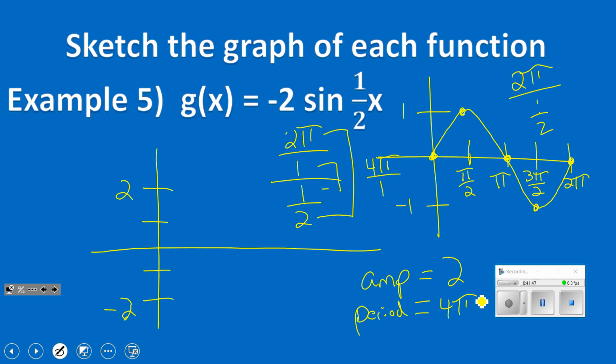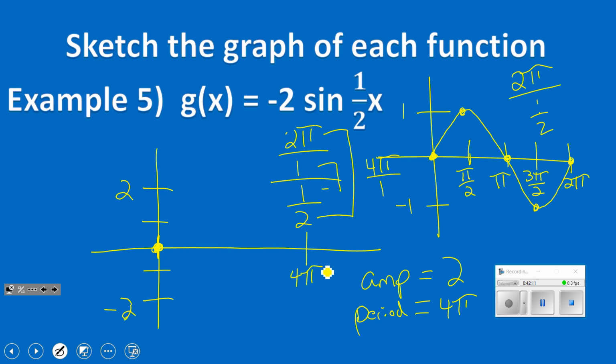So again, here's how I decide what I count by. I know I've got to start at 0. You follow me? And if the basic is at 0, the first point here is going to be at 0. And I know I want to go all the way to 4 pi.